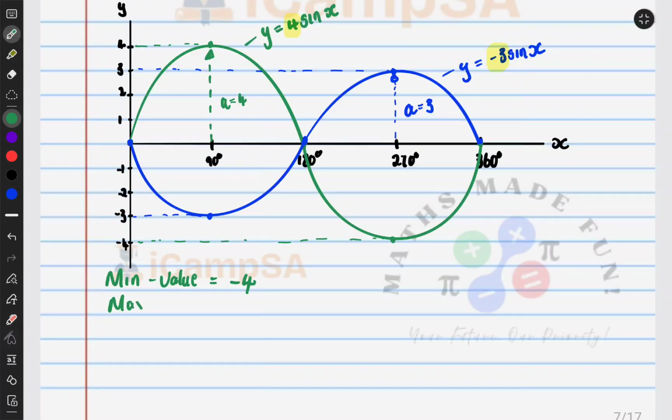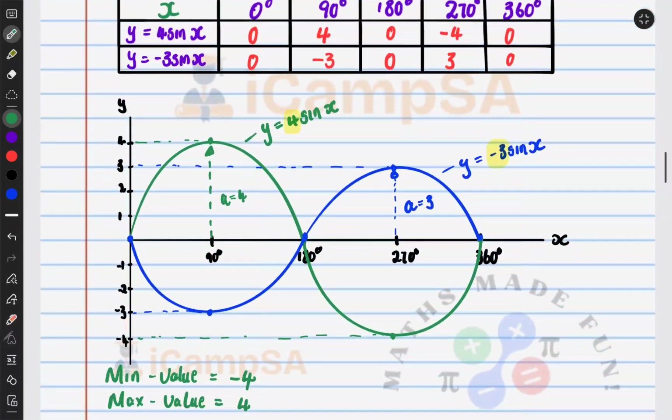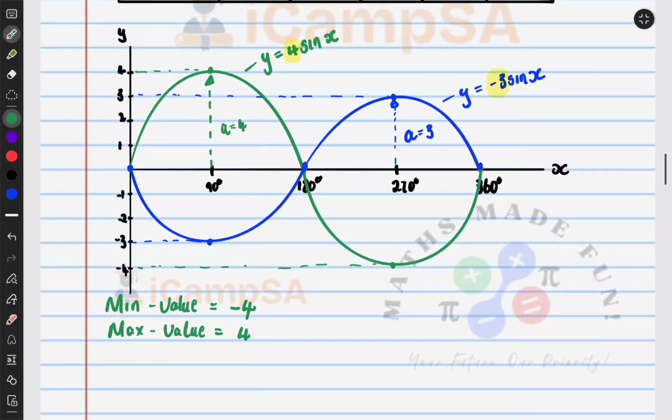The maximum value of the function is +4. And then, what else are we asked? The range. You can see that our function ranges between the value of 4 and the value of -4.